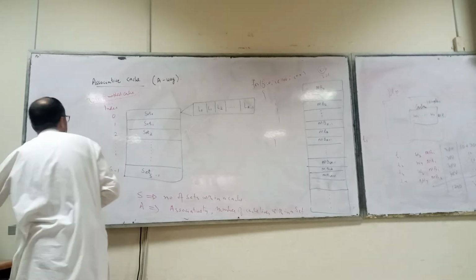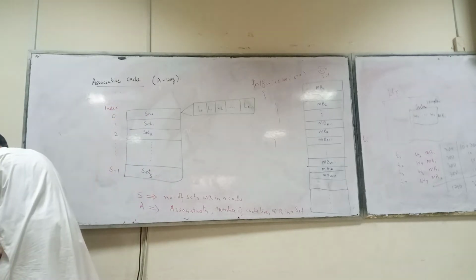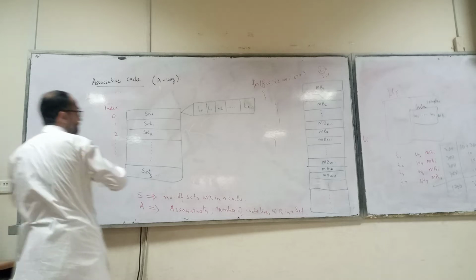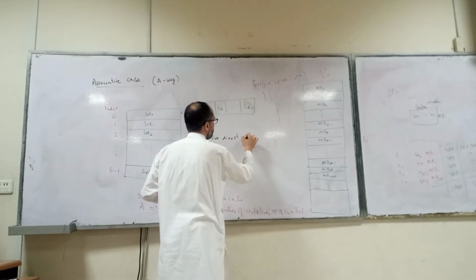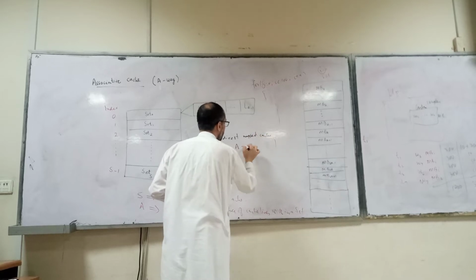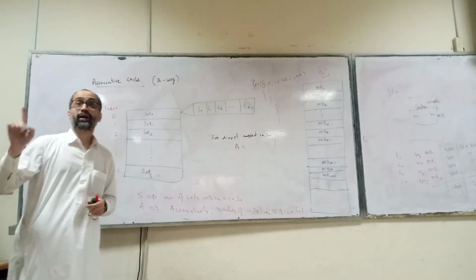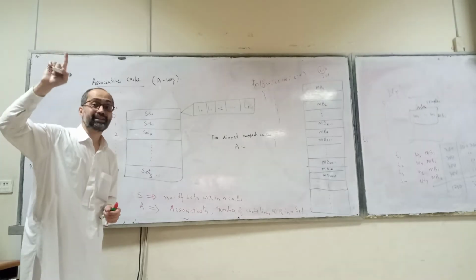Now in this example, we are studying associativity for the direct map cache. For a direct map cache, what is A? A is 1. Each set consists of only a single cache line.